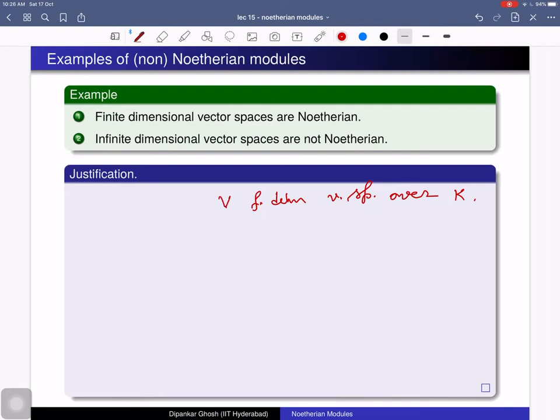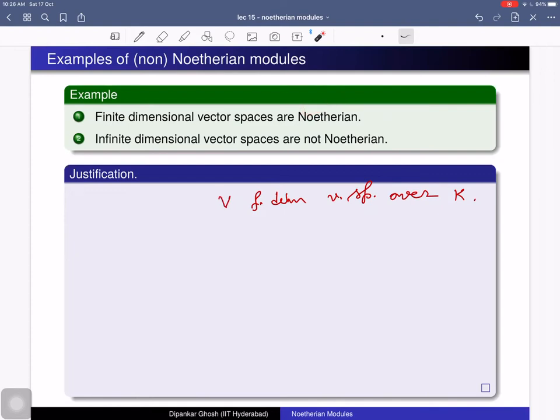To prove that, we can verify the finiteness condition: every submodule of V, which in this case is just a subspace of V, should be finitely generated. If you consider a finite dimensional vector space, then its subspace is also finite dimensional, therefore finitely generated. Hence V satisfies the finiteness condition, and therefore it is Noetherian.